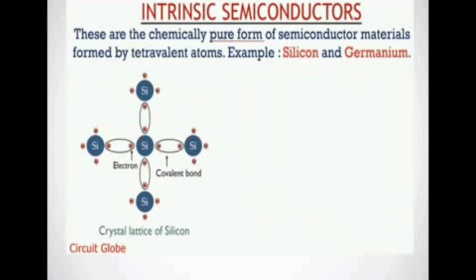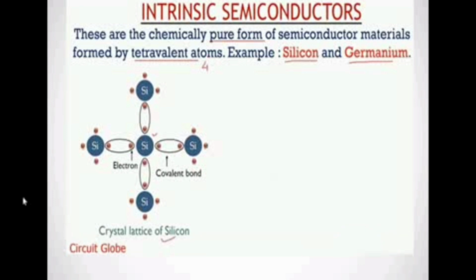Okay. So now we are going to take the pure form of semiconductors, for example silicon and germanium. They are tetravalent. Tetravalent means there are 4 electrons. Silicon and germanium are tetravalent, so they have 4 electrons in the outermost orbital. See the picture.